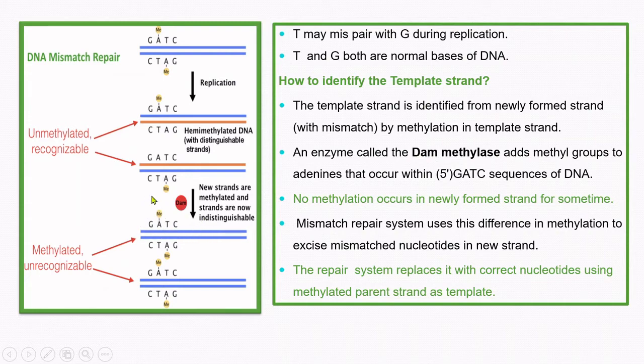The methyl group is added by DAM in the template strand. The newly formed strand is not methylated, because it will take time for the enzyme to add methyl groups to the daughter strands.